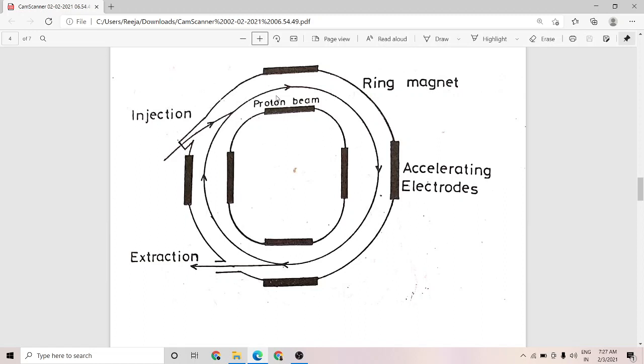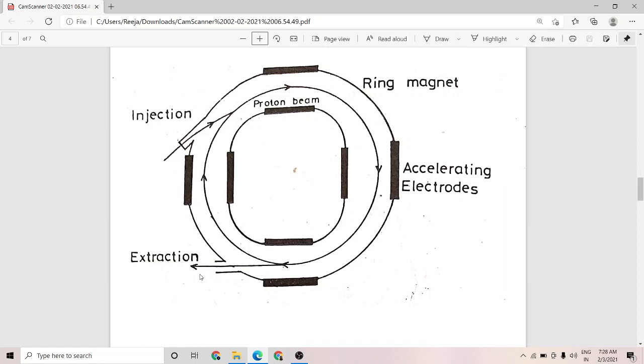But the magnetic field also increases at the same time to constrain the proton to move in an orbit of constant radius. The output beam consists of a series of pulses of protons, and by suitable arrangement, the high energy particles are extracted and made to strike the target.